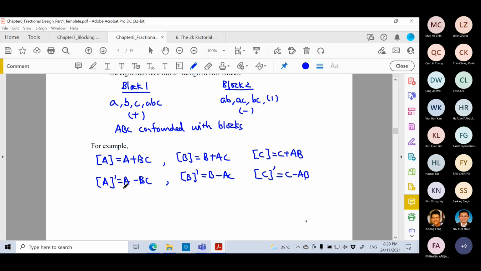So if you take the average value of these two, what happens? Okay.